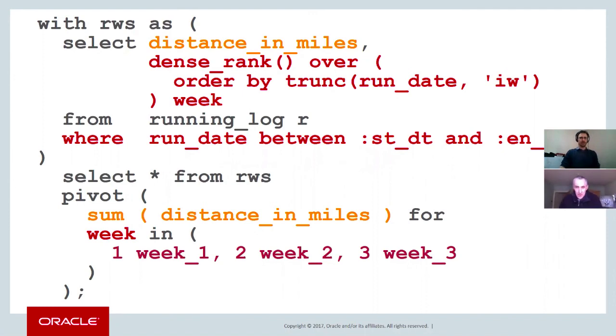No, I think you're definitely right there. The fewer rows you can feed in, the faster it's going to go. Because as you pointed out before, if we've got, like we have here, weeks 4 and 5 coming into that pivot clause, we're just going to drop them because you're not asking for them. But of course, that's extra work and extra resources to pull that data in and then discard it.